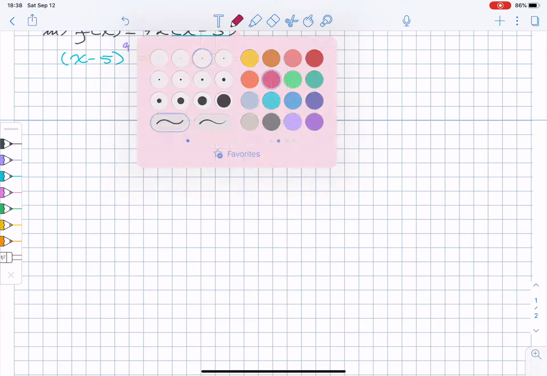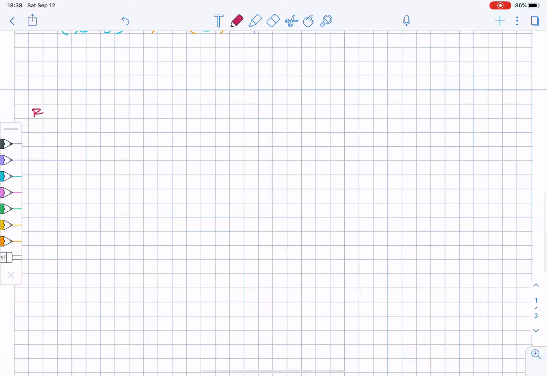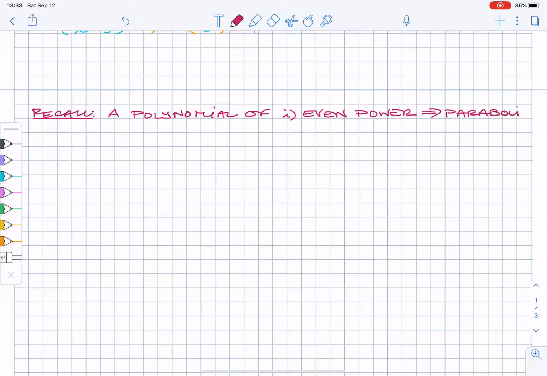Okay, and let's also recall a couple things. Recall, a polynomial of even degree, or even power, is parabolic overall.